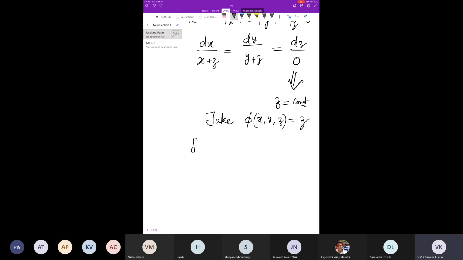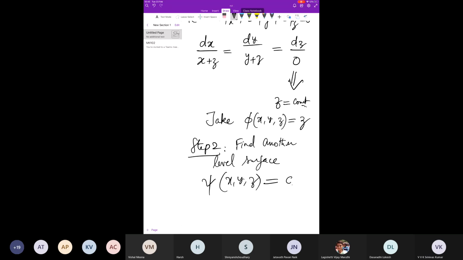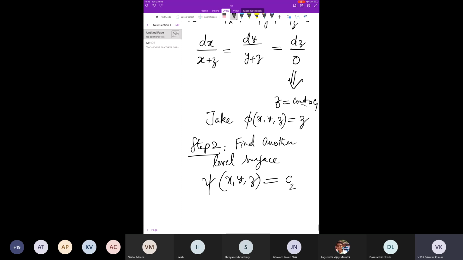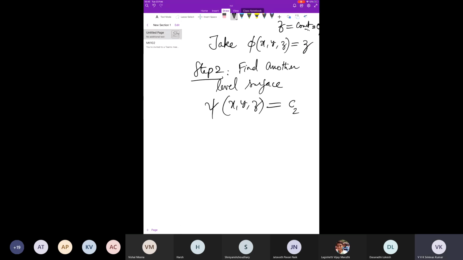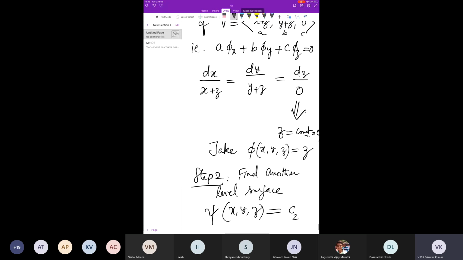And now step 2 is find another level surface, psi of xyz equal to constant c2. Let us call the first constant c1 and this one c2, which is independent of phi. How to find it?